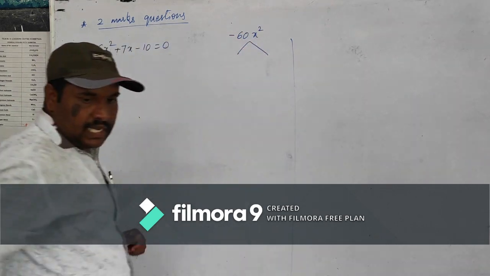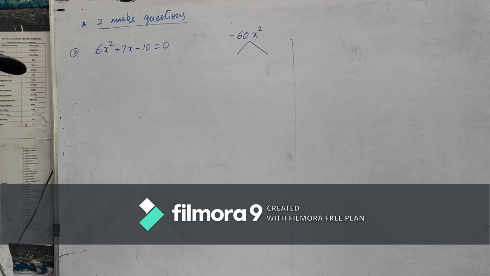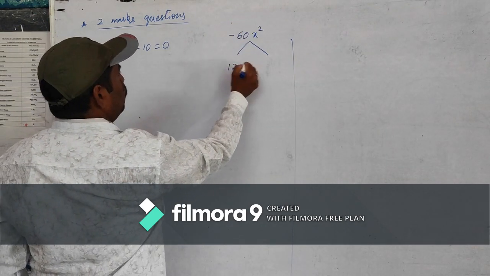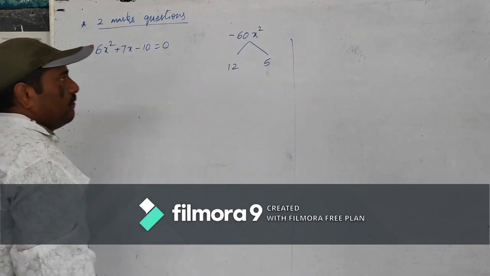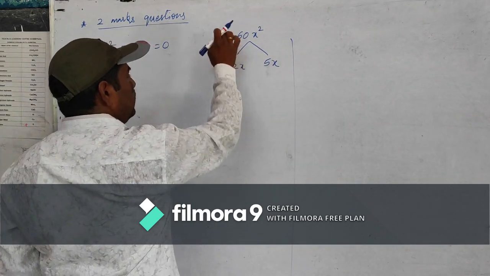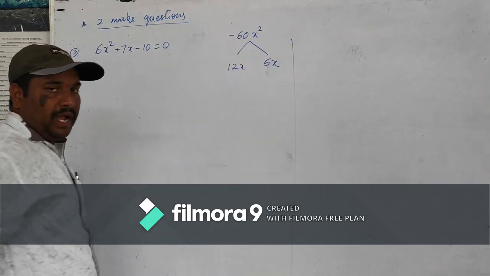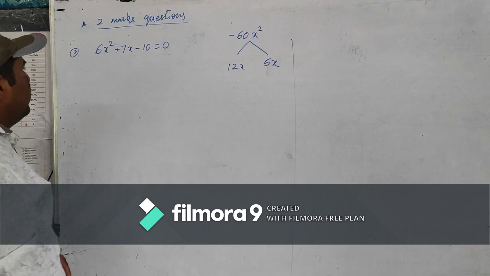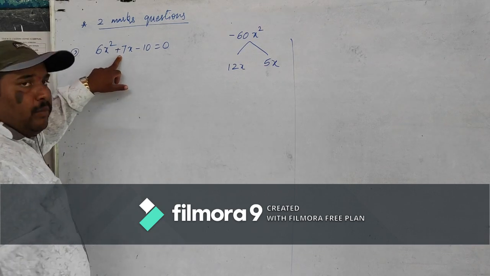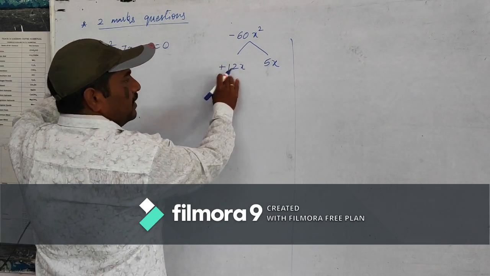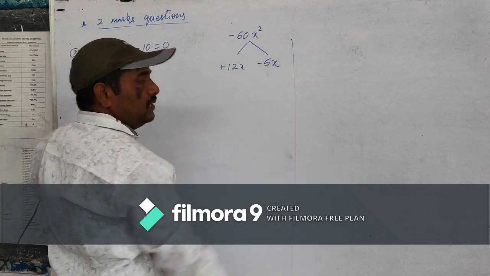Now 60 x square can be taken as 12x into 5x, but here product of these two should be minus, so you have to take any of the numbers as a minus, but here the middle term is positive, so you have to take positive as greater number and negative for the smaller number.